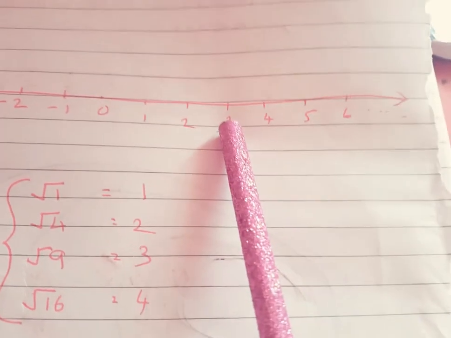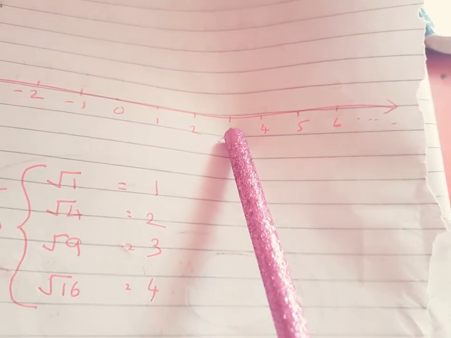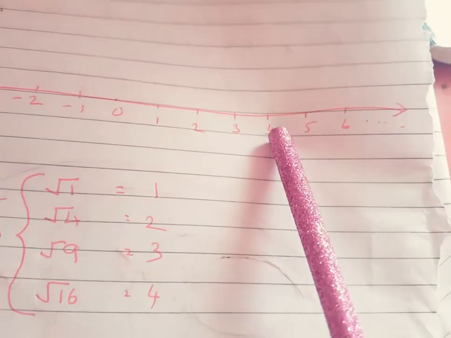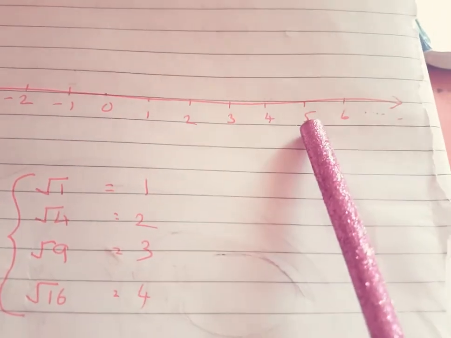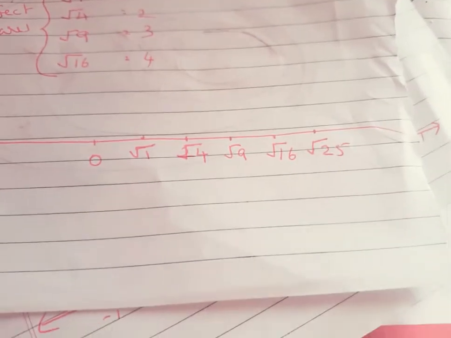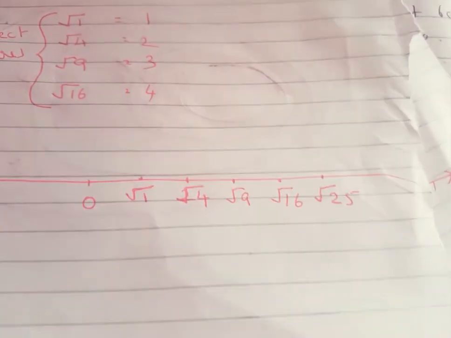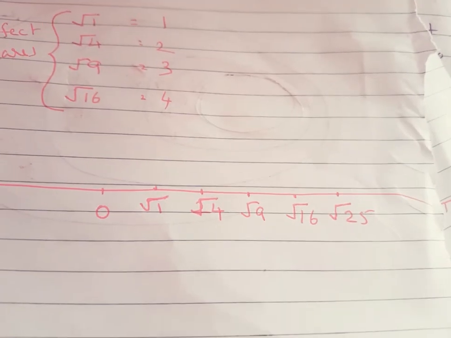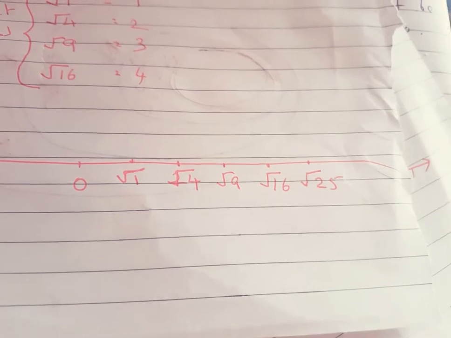Root 9 as 3. Root 16 as 4. Root 25, root 36, like that. No need of any effort to plot the perfect square roots on the number line.